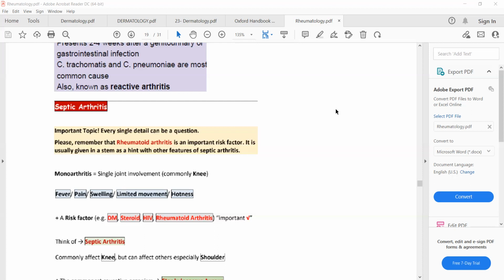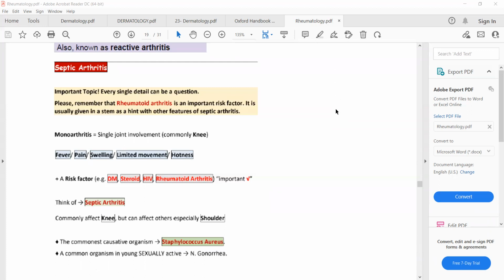Someone with a history of diabetes mellitus, abuse of steroids, and HIV, all of these three conditions will lead to immunosuppression. So you can say that septic arthritis is common in immunocompromised patients. So a diabetic patient with a swollen knee, a patient on steroids with a swollen knee, a patient with HIV with a swollen knee and fever, you will suspect septic arthritis.